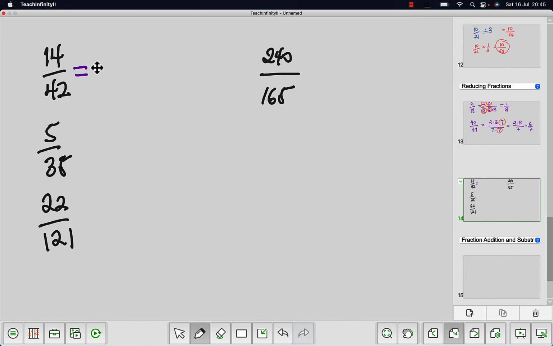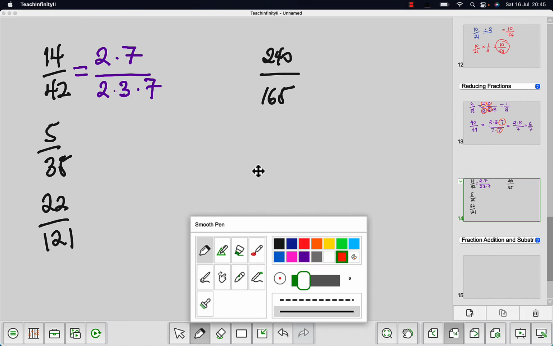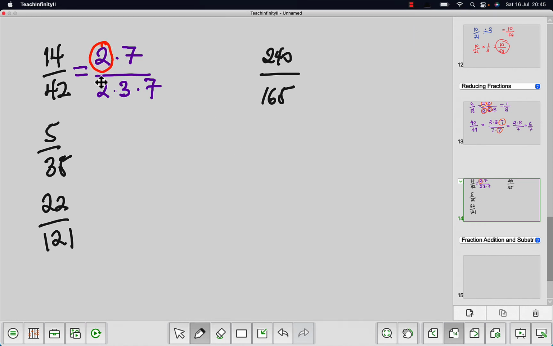So this 14 can be written as 2 times 7, and 42 can be written as 2 times 3, that is 6, times 7 is 42. And just as we did, 2 can cancel out 2, 7 can cancel out 7, and this should leave us with 1 over 3.